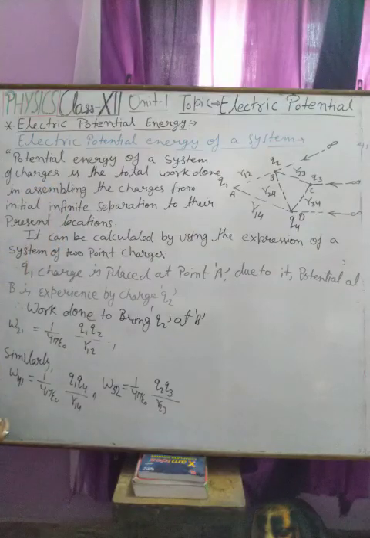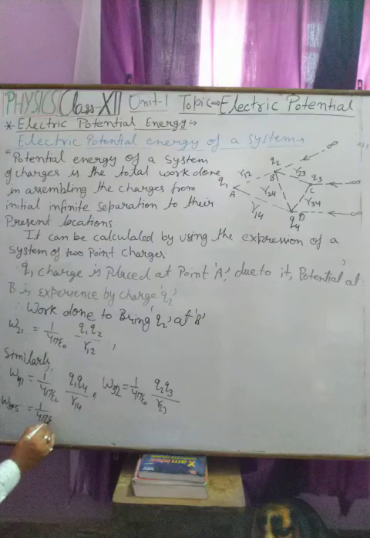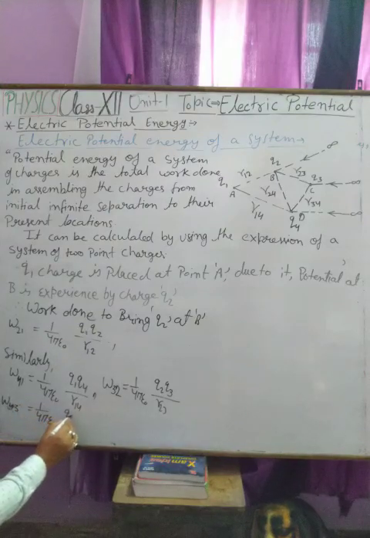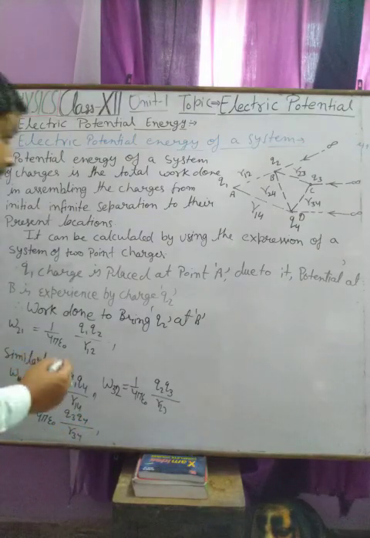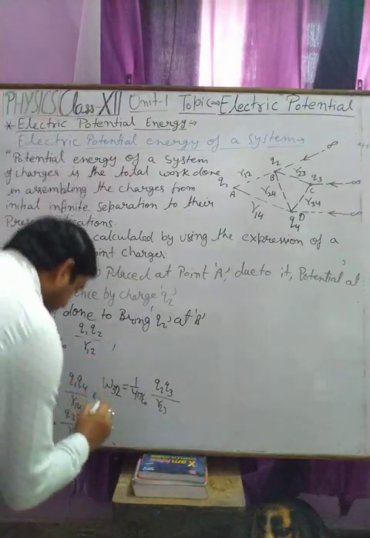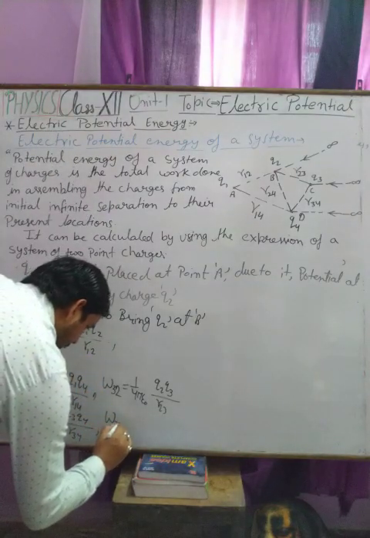and W43 is 1 upon 4 pi epsilon naught q3 q4 upon r34, and the last is W42.